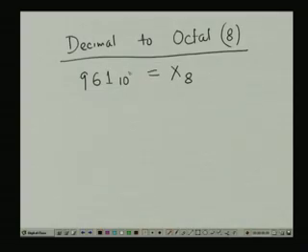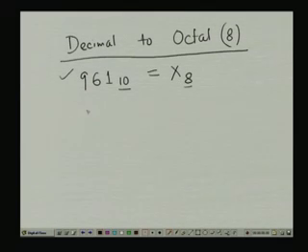So now we see how we can convert the decimal number system to octal. Decimal means the base is 10 and octal means the base is 8.